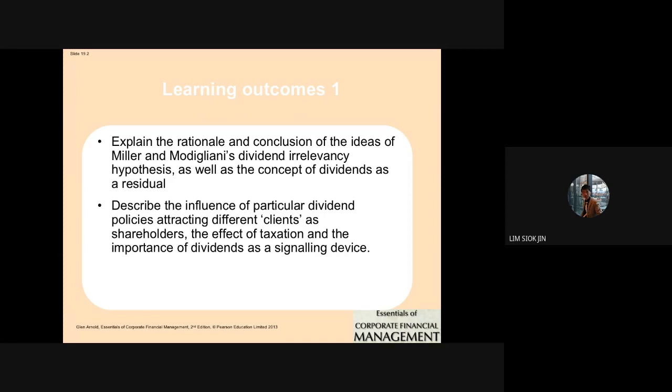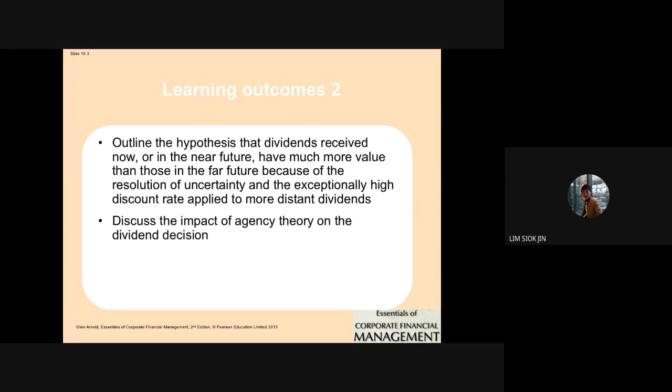means. And then we will also learn to describe the influence of dividend policies in attracting all sorts of different clients and shareholders, and how taxation and dividends are linked together, and how dividends can be a signaling device.